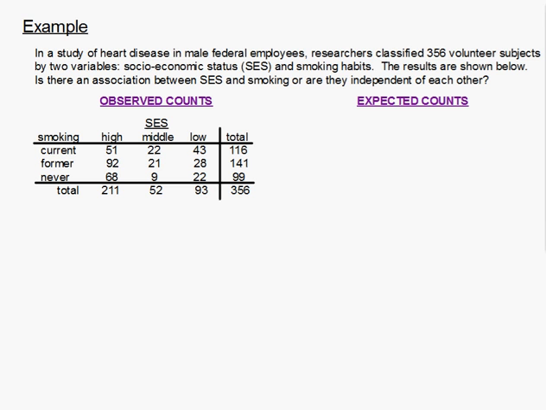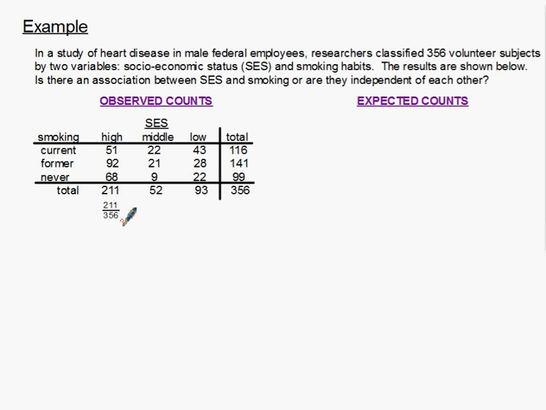Now, when we start to calculate expected counts, we're going to use probability. So you can see I'm starting to get probabilities here. In this group of 356 male federal employees, what's the probability of randomly selecting someone who is in the high socioeconomic status?